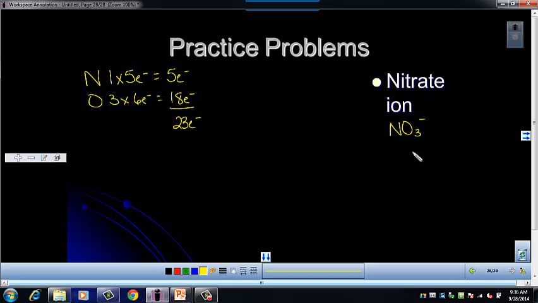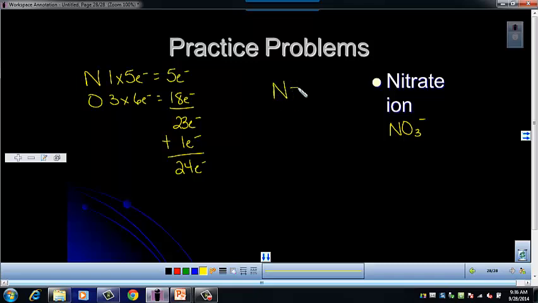Because if there is a charge, we have to take that into account. So think about it. If it has a negative charge, it has 1 extra electron. And to take that into account here, we need to add that up to our total, which gives us a total of 24 valence electrons. So let's do our structure.